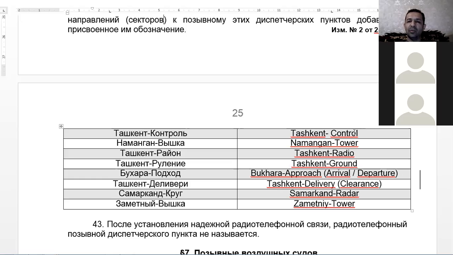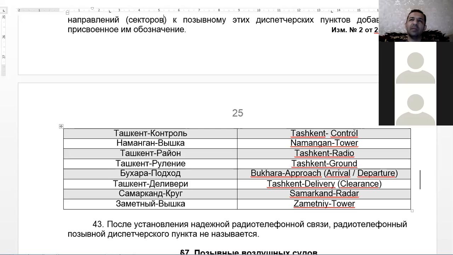Usually it's used by military controls. But in civil aviation, we usually use the city name, town name, or control unit name.